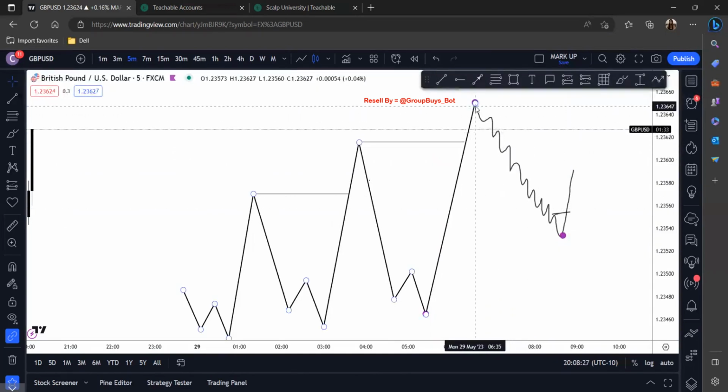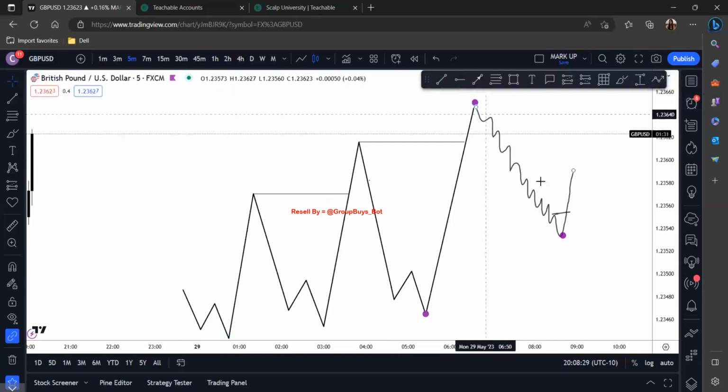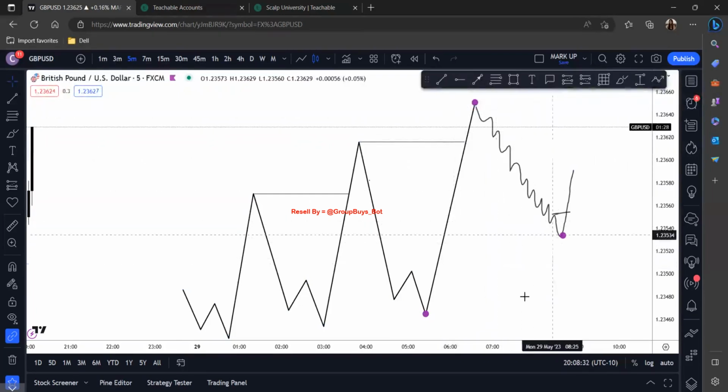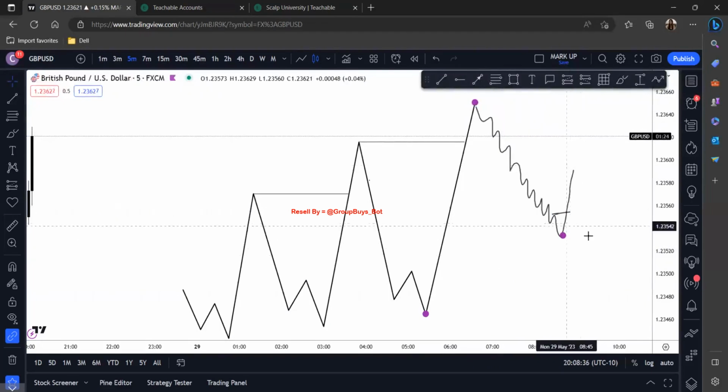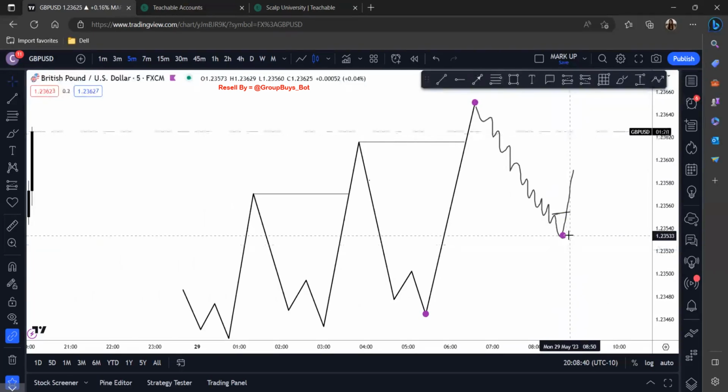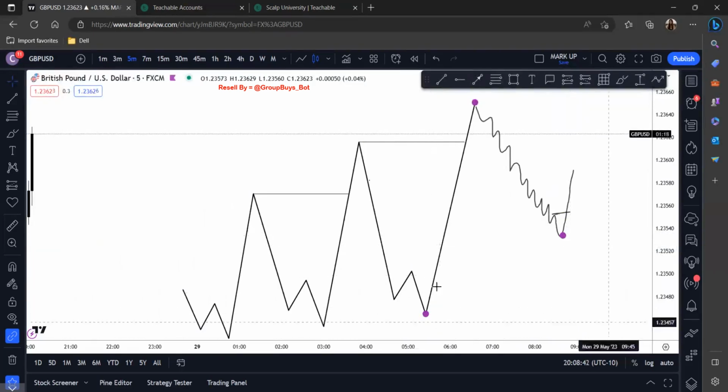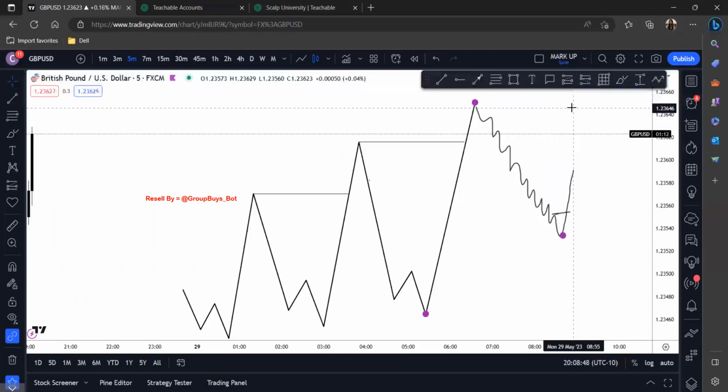If this high failed to take out internal liquidity before we broke structure in the opposite direction, it is a fail low. So this low will break. It is a weak low. Okay, and vice versa. If a low fails to create a new high, it is weak. Okay, so we have to understand that weak lows are very important within market structure.